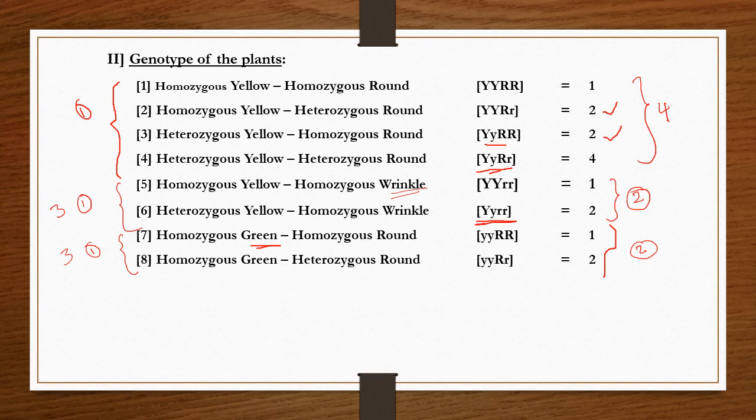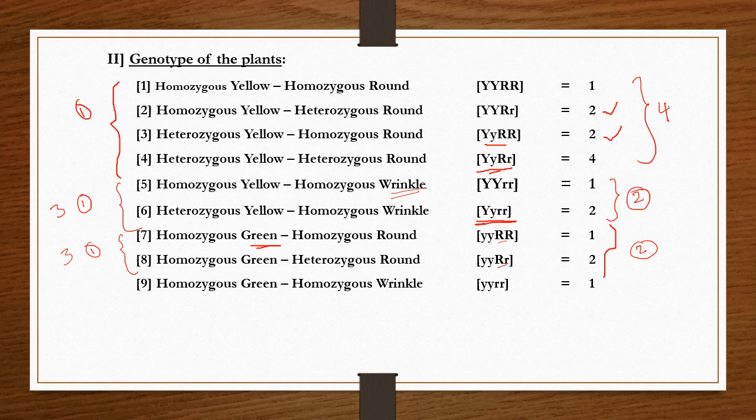In these three individuals, one is homozygous round and two are heterozygous round. Next, and last one: homozygous green and homozygous wrinkle, that is the pure recessive plant, only one.